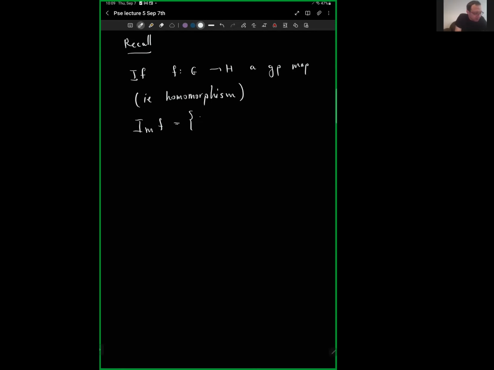Let's say the set of all Y in H such that there exists X in G for which F of X is equal to Y. But you can also write it for short as F(x), x in G. So you can think of image F as the collection of all possible outputs when you input any element in G.